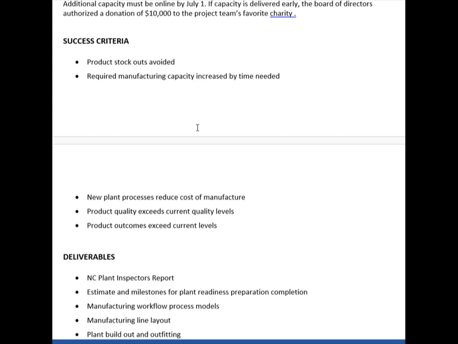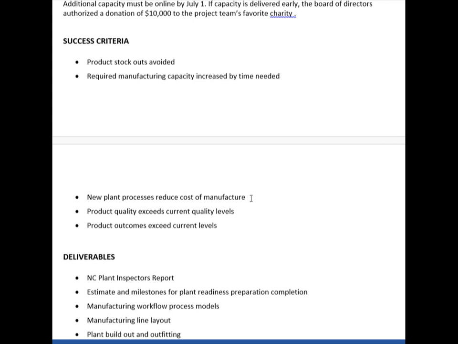Now, in the success criteria, I could apply a SMART approach: specific, measurable, achievable, realistic, and time-based. I could add a time basis here to the product stock out. I could talk about the manufacturing capacity increased by a measurable amount, 10%, 20%, whatever that is, and by the time needed, a specific date.